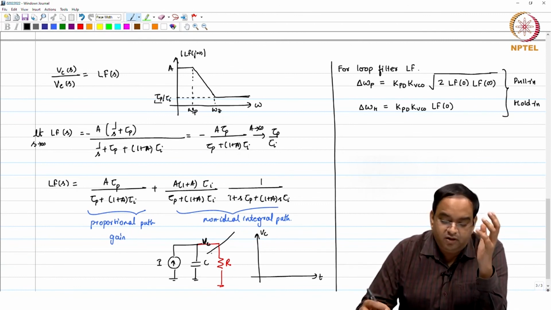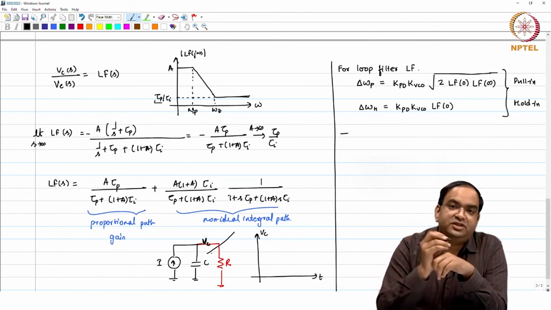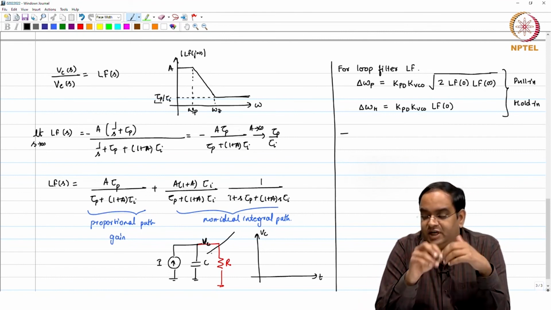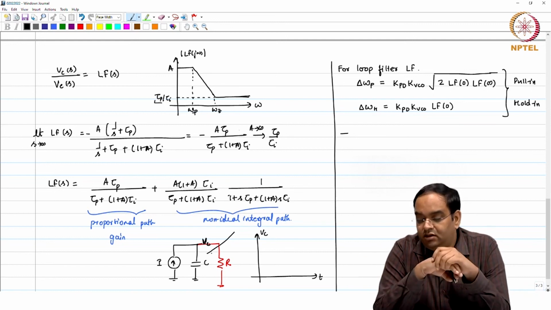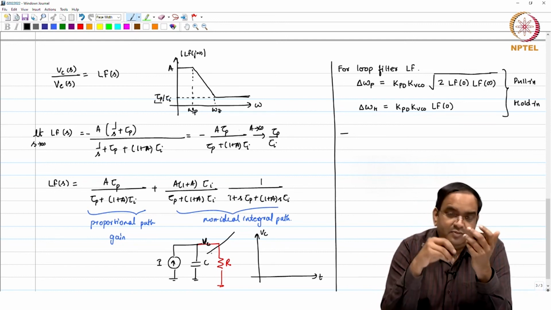One couple of assumptions which we have used in defining all these limits is that our mixer is sinusoidal.